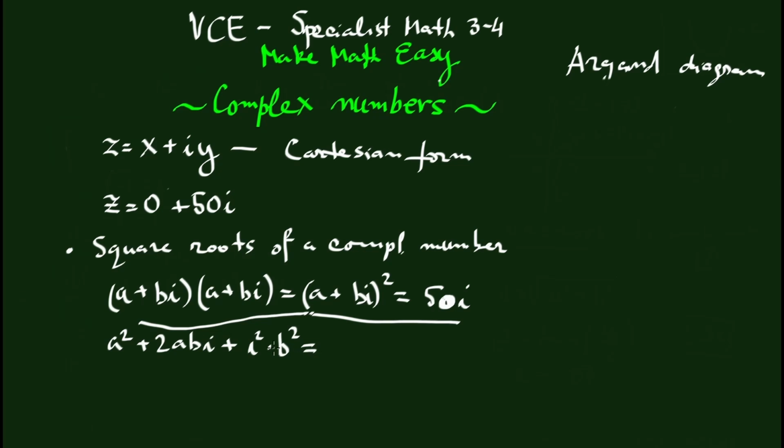Because i squared is minus 1, you have a squared plus 2abi minus b squared. And that's equal to 50i.